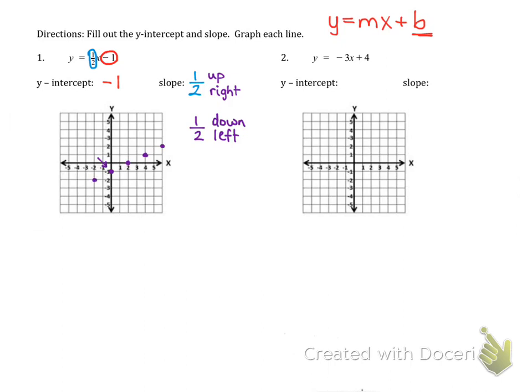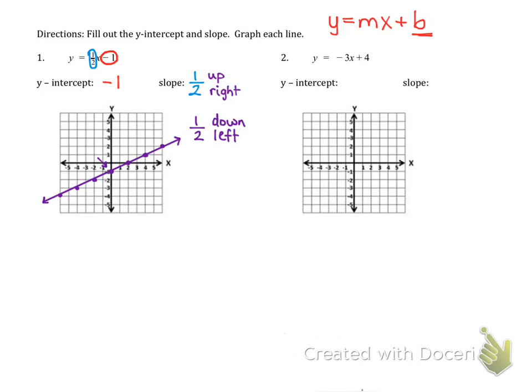Plot a point. Down 1 to the left 2, and down 1 to the left 2. And now we can draw our line. Make sure when you draw your line, you always put arrows on the ends. That means that line is going to keep going and going infinitely forever.